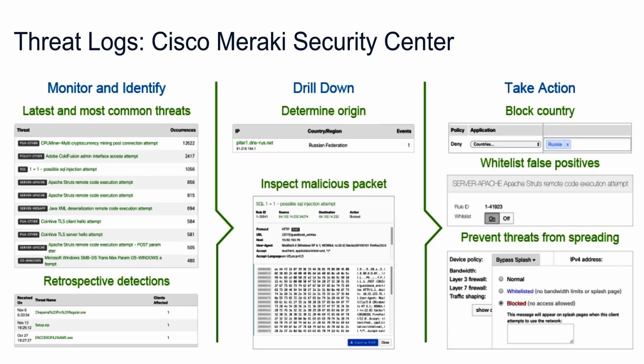So from an engineering perspective, we're correlating layer 3 and layer 4 flow data. We're looking at layer 7 signatures, and we're looking at our threat intelligence feeds. Networking is now merging with security analytics. There is a very important concept here, though.